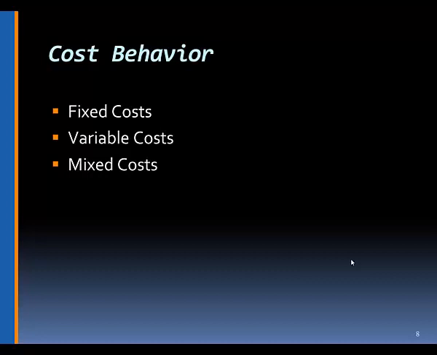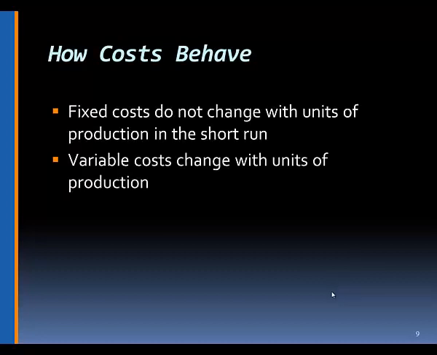Now let's talk for a moment about how costs behave. We break them down into 3 categories: fixed costs, variable costs, and mixed costs. A mixed cost is a cost that has both a fixed and variable component to it. And we'll deal with that in more elaboration later in this particular lecture.